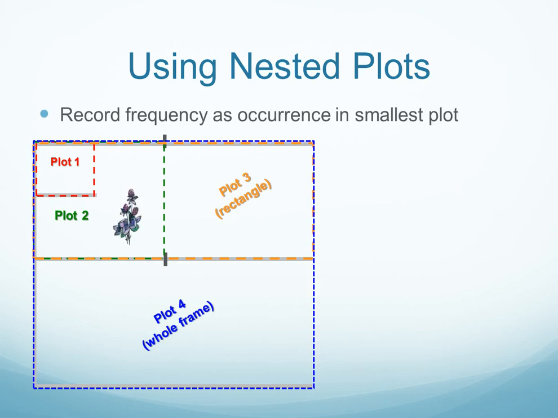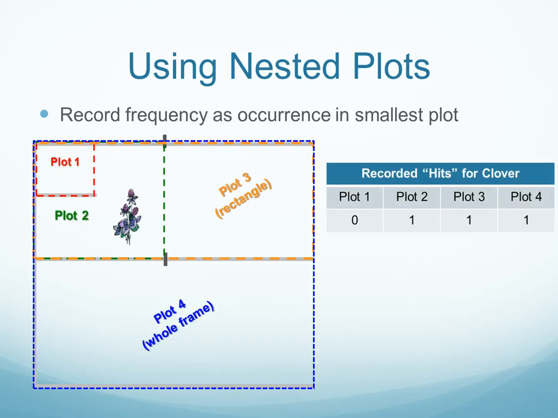So let's take an example and look at this clover. There's only one plant in this nested plot, and we see that clover does not occur in plot 1, so there's not a hit there, but it does occur in plot 2. Now, because it occurs in plot 2, it also occurs in plot 3 because plot 2 is included in plot 3.